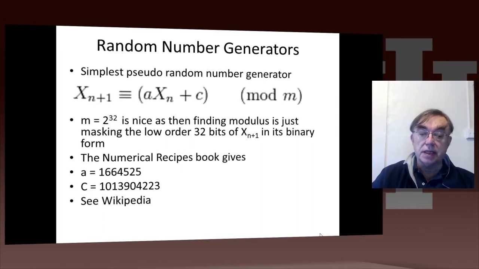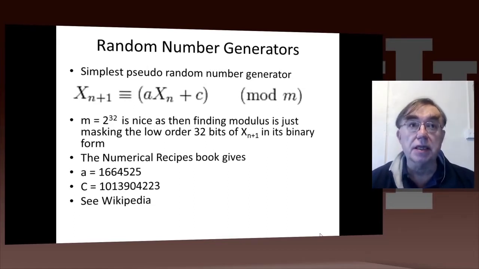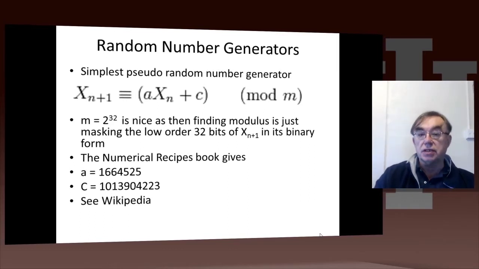And these are the values for a well-known book called Numerical Recipes, which is a set of algorithms used in scientific computing. It also points out that in the bad old days, people used incorrect random number generators and actually got incorrect answers, because if you have a random number generator and the actual numbers are not independent, then all these nice rules like square root of n and things like that are incorrect.